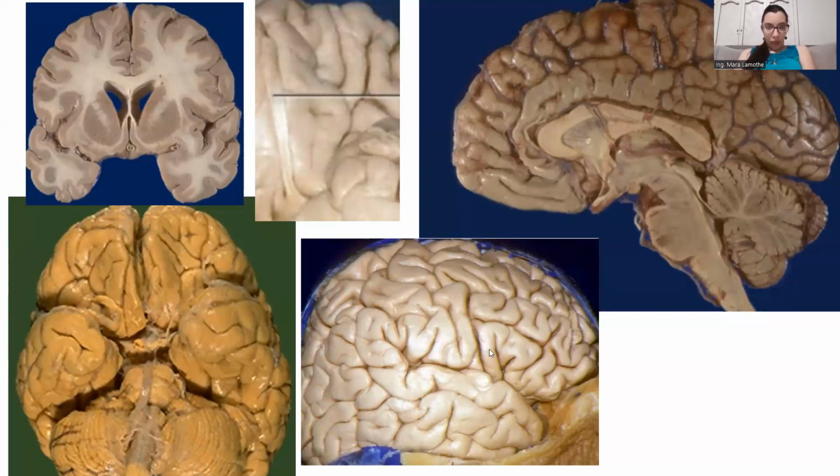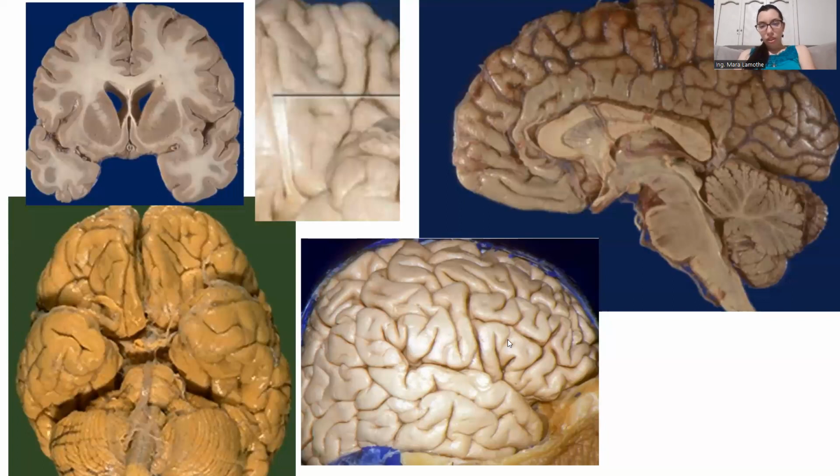We have the pars opercularis because it's adjacent to the opercular part of the frontal lobe, or the operculum, that is the frontal part that is just above the Sylvian fissure. Then we have the pars triangularis and the pars orbitalis.